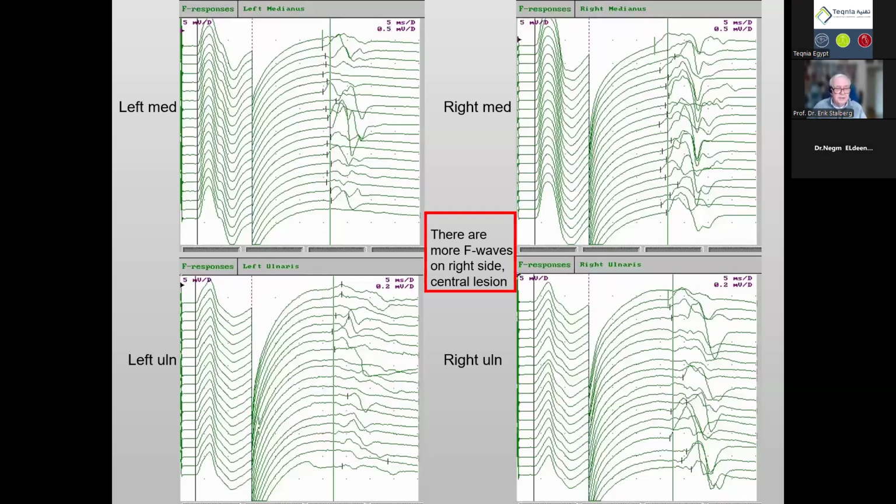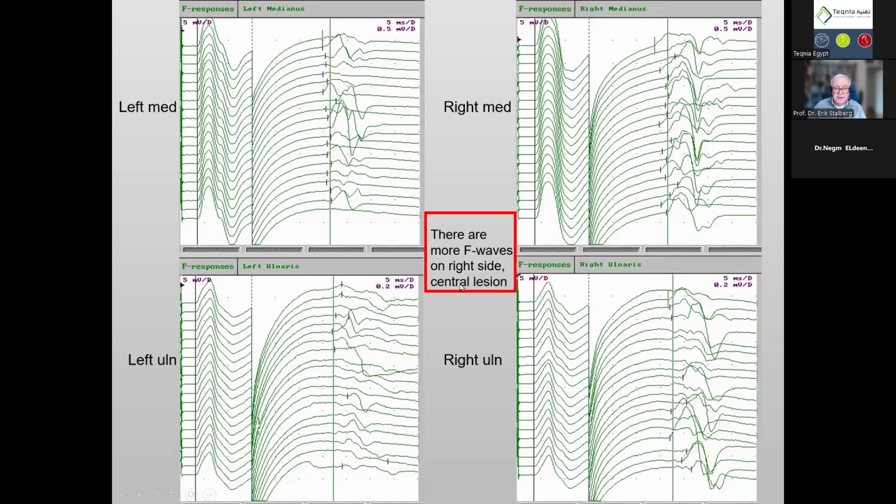But here is another thing. Sometimes we have too many F responses. You see, if we have many, it looks like they summate on each other and they fill up the signal. Your eye can see that we have more here than here. The same in the same patient from the ulnar nerve, much more here than here. This is a sign of spasticity.